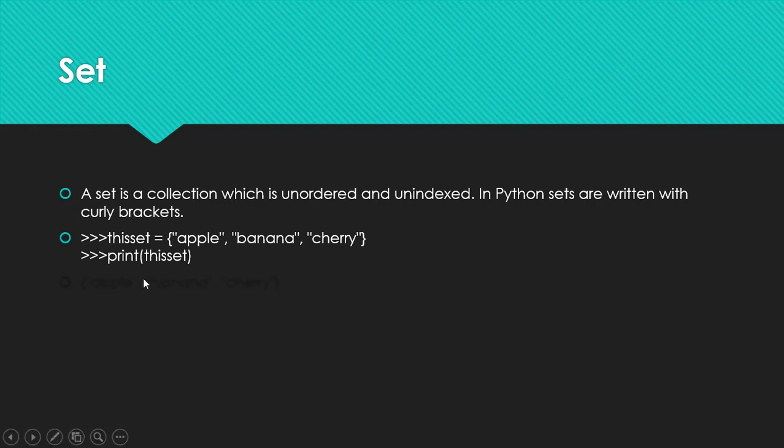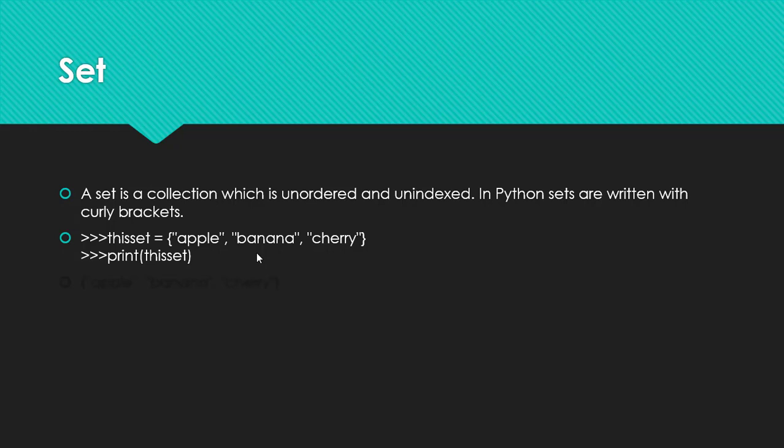Let us see how to write sets in Python. For example, I am taking a variable named thisset, which is equal to, inside the curly brackets we have to write the elements, the items. For example, here I am writing apple, banana and cherry. I have taken 3 fruit names inside a set and these all are strings. So basically this set has 3 elements named apple, banana, cherry.